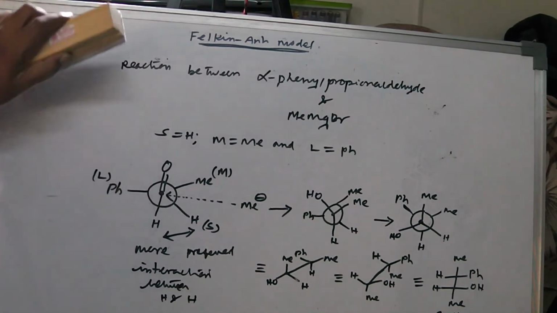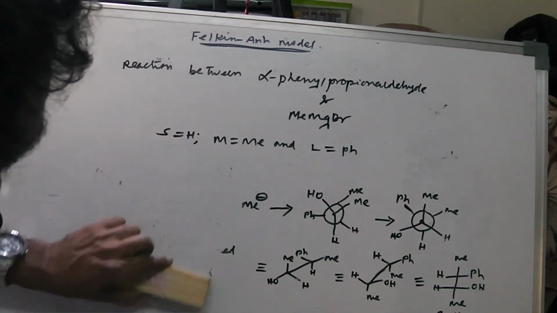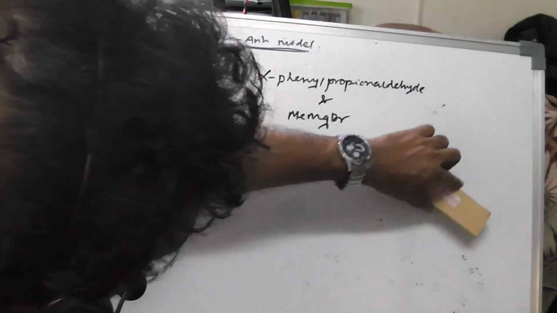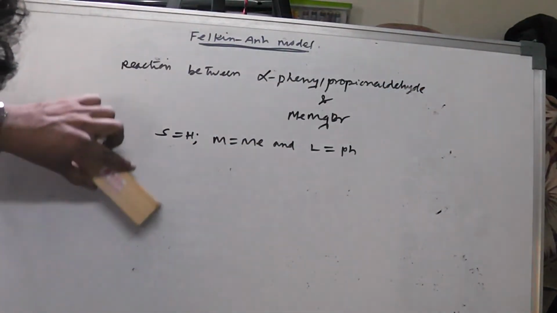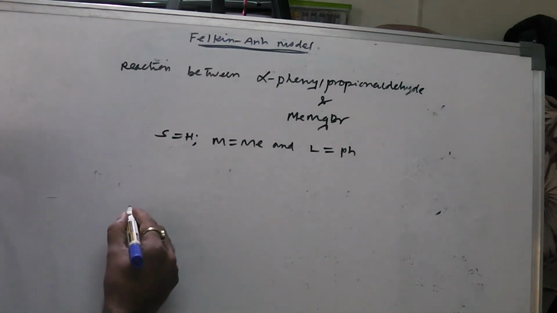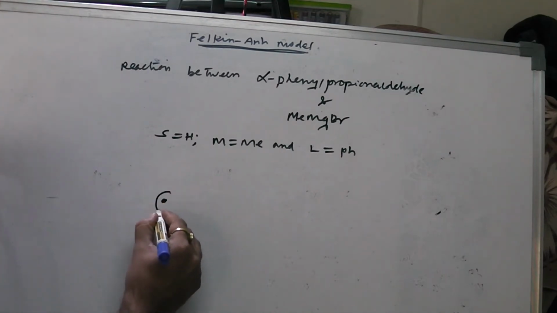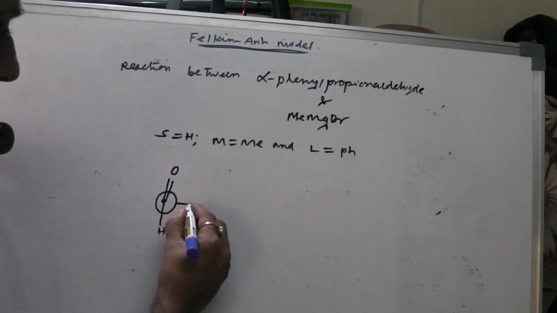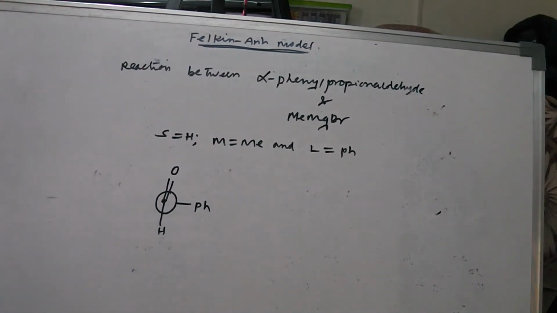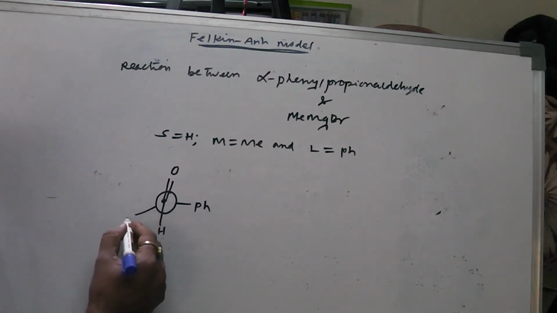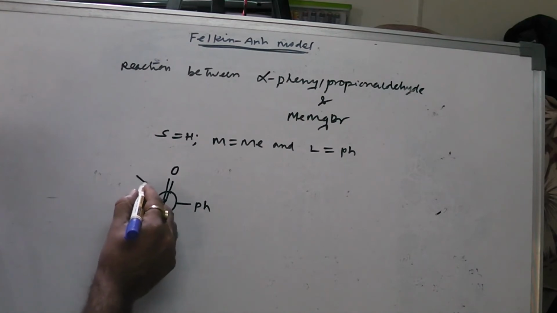Let us go for the less preferred conformation now. The carbonyl group is attached to hydrogen, and the large group will be on this side as represented in the model, the medium-sized group will be here, and hydrogen, the small group, will be here.